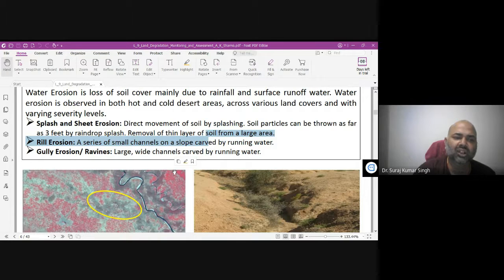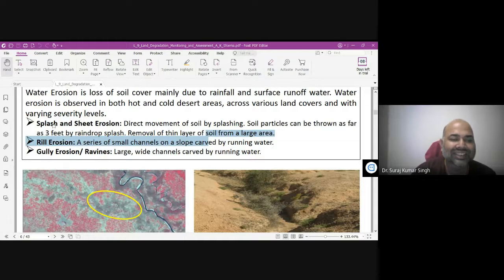So water erosion is observed in both hot and cold desert areas. Such kind of erosion is very common whether you go to a desertic terrain or a cold terrain, across land covers with varying severity levels. Such water erosion features will be created anywhere depending on location.